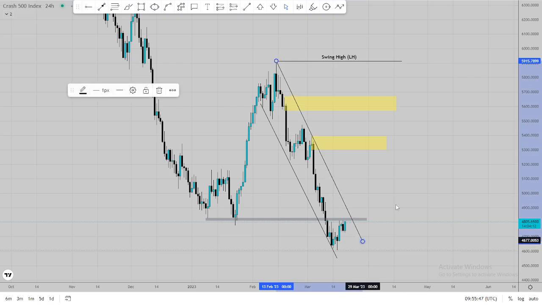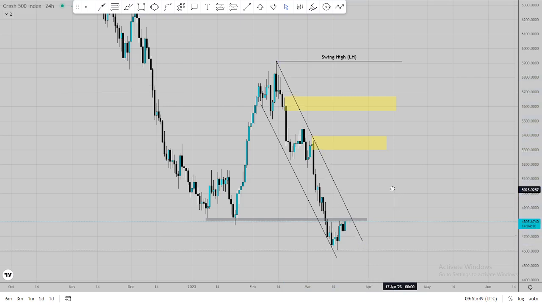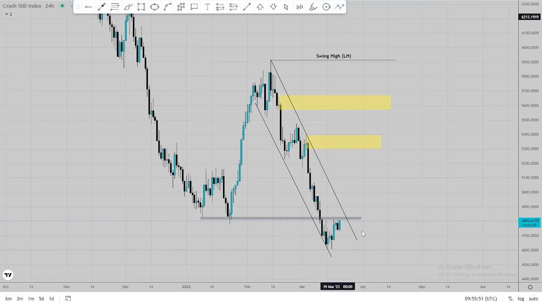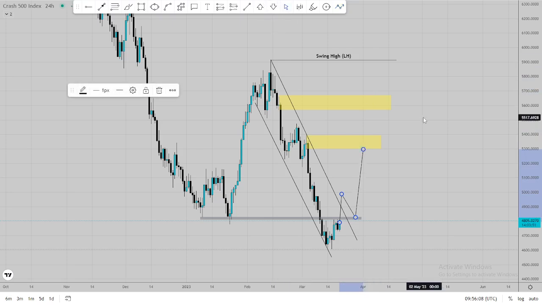Should look at it like this. So, simple structure. We know that once we break above this resistance and also this downward channel, getting a retest is simply a further confirmation for more entries. First target there, second target, third target. So that's what I'm looking at for CRASH500.